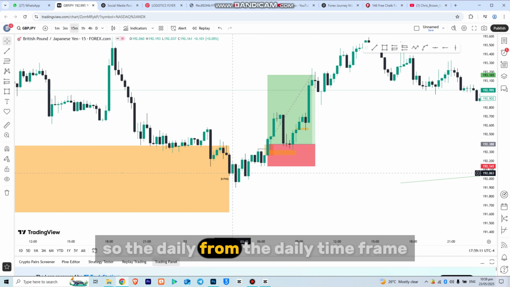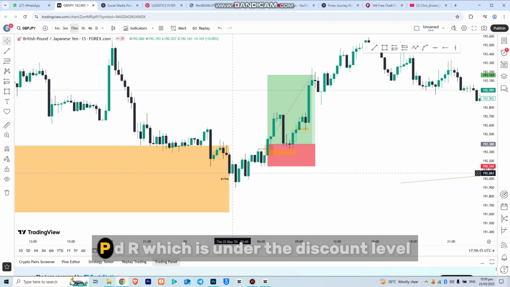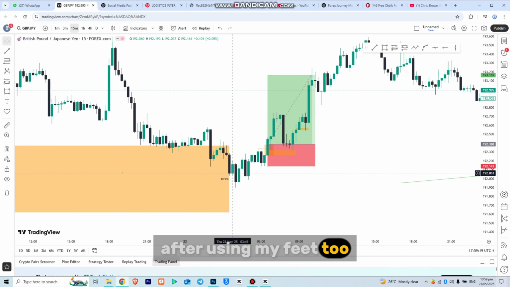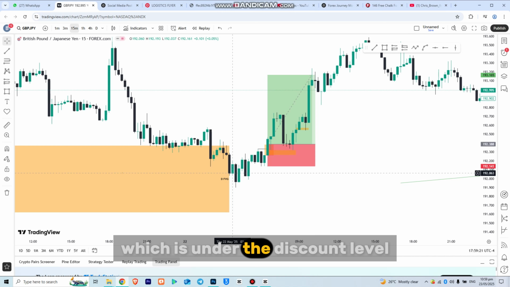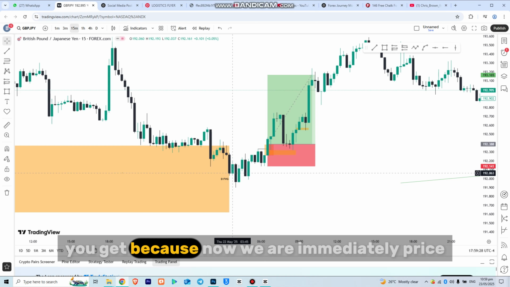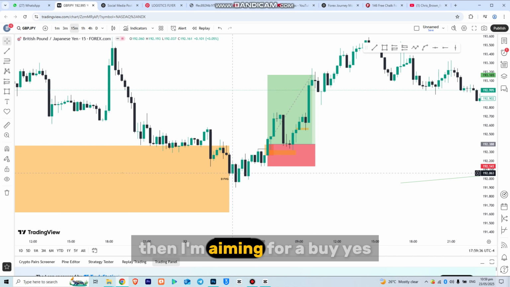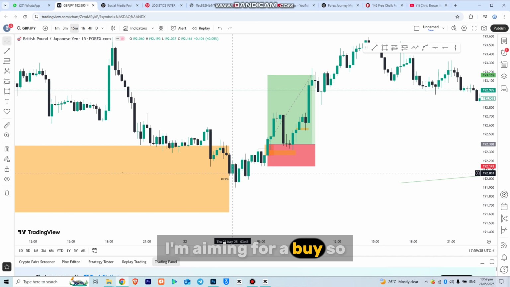So from the daily time frame, immediately price hit the daily time frame PDRA, which is under the discount level, I waited for price to shift structure. Because now that price hit the discount PDRA, I'm aiming for a buy.